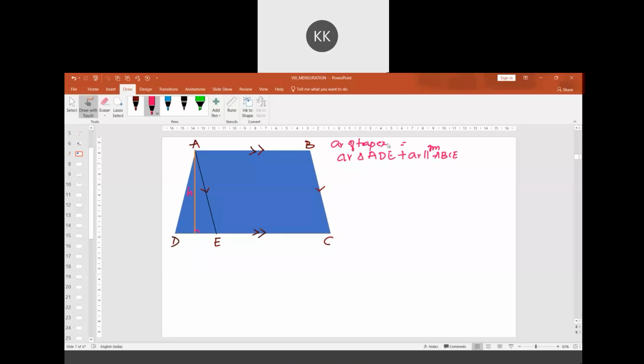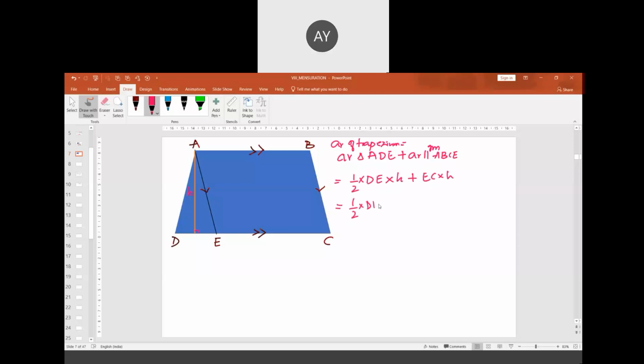So what is area of this triangle? It is half into H into DE. Plus area of parallelogram is base multiplied by height, EC into H. Like the previous, we are going to use that same trick.